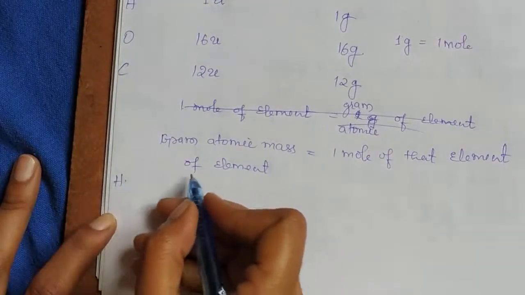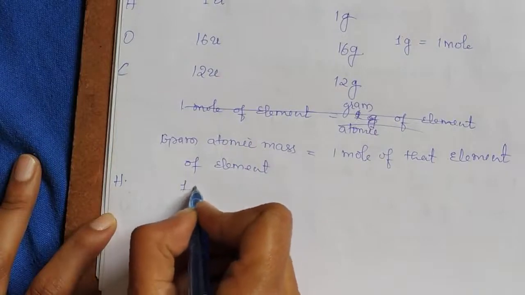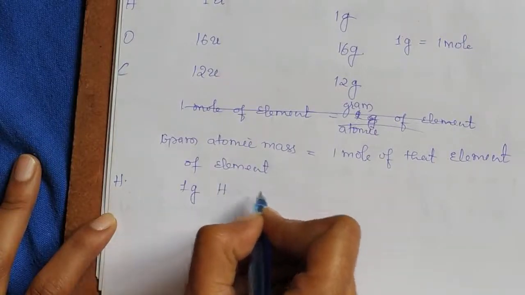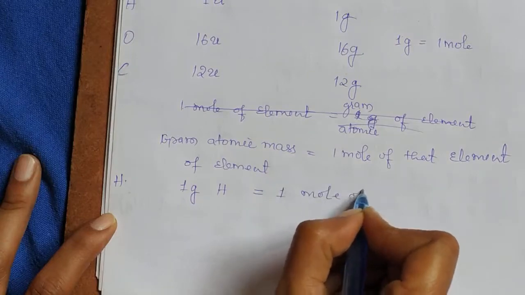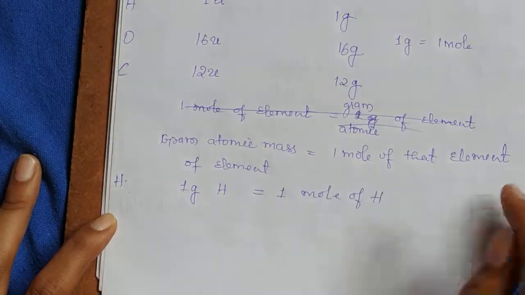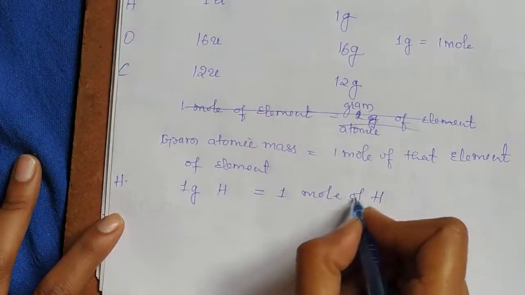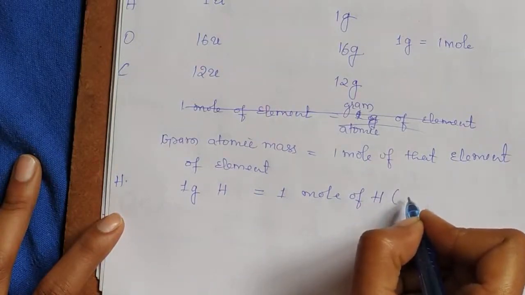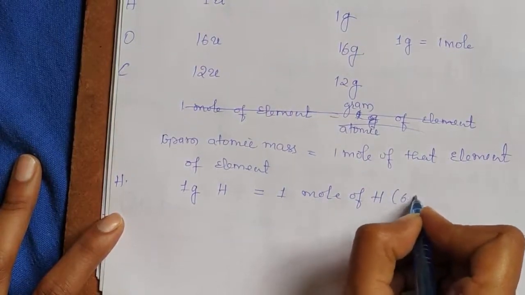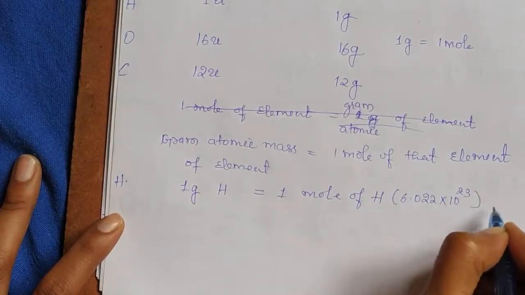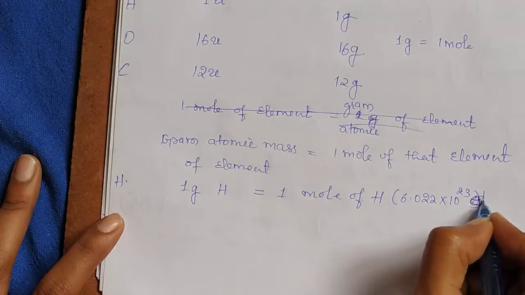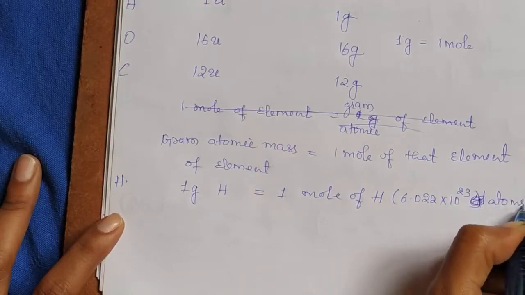We know that 1 gram of hydrogen is equal to 1 mole of hydrogen atoms. 1 mole of hydrogen is having 6.022 into 10 raised to 23 atoms of hydrogen.